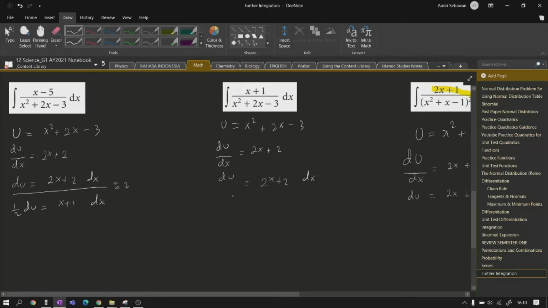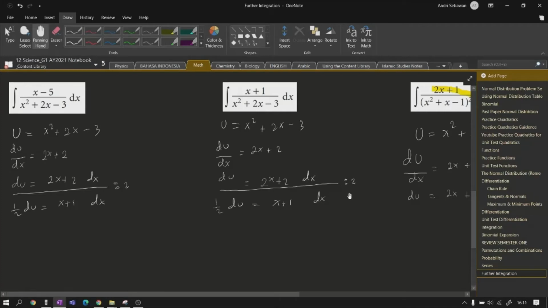And for the second example, we can divide it by 2, so we get half du equals x plus 1 dx.